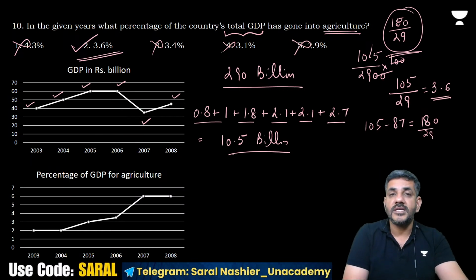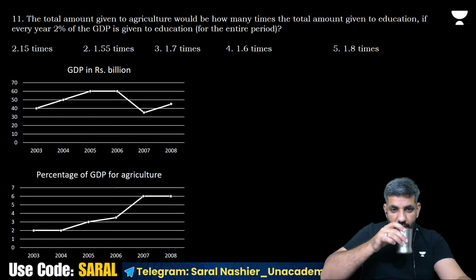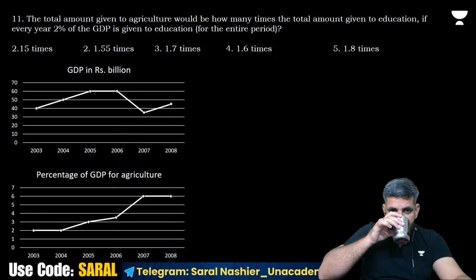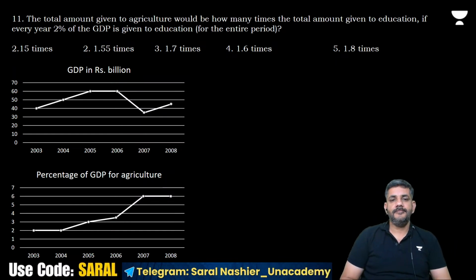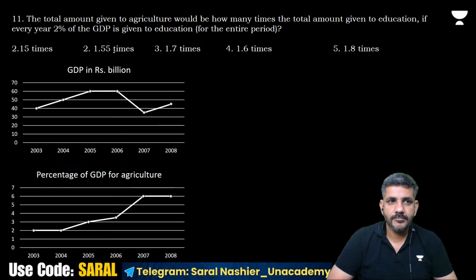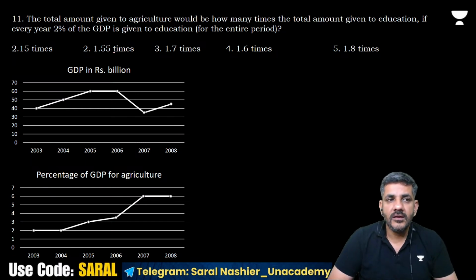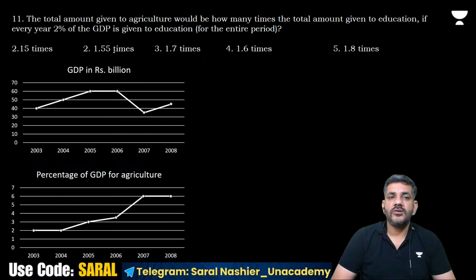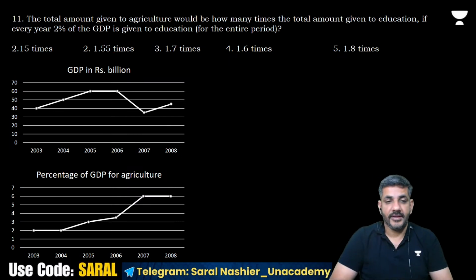I'll move ahead to question number 11 on your screen. The total amount given to agriculture would be how many times the total amount given to education if every year 2% of the GDP is given to education for the entire period.